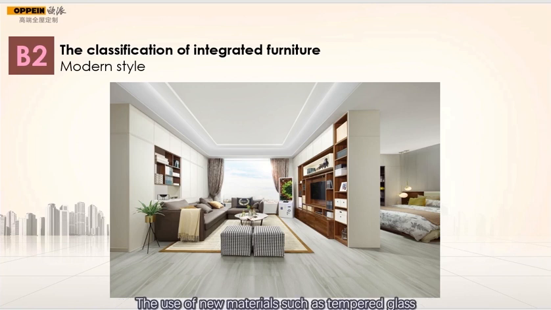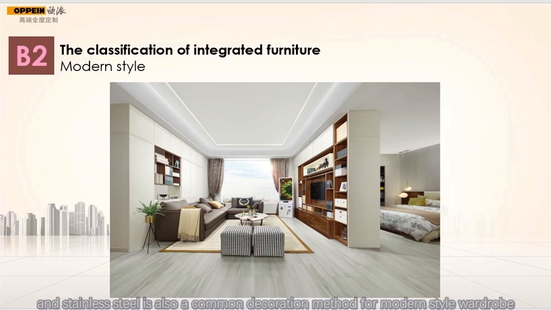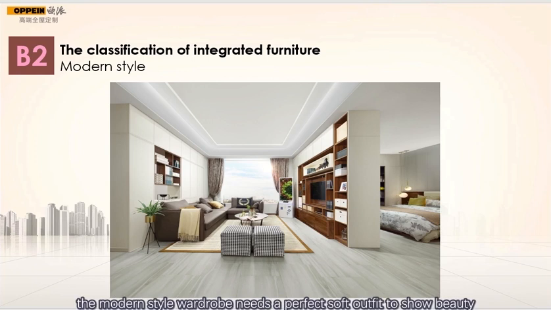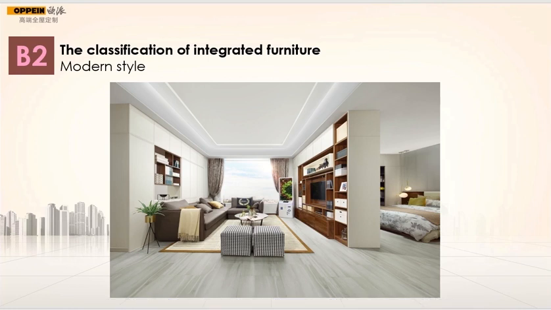The use of new materials such as tempered glass and stainless steel is also a common decoration method for modern style wardrobe, which can give people avant-garde and free feeling. Because of the simple lines and few decorative elements, the modern style wardrobe needs a perfect soft outfit to show beauty.